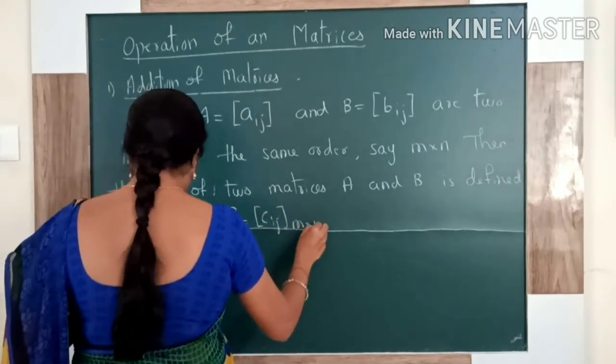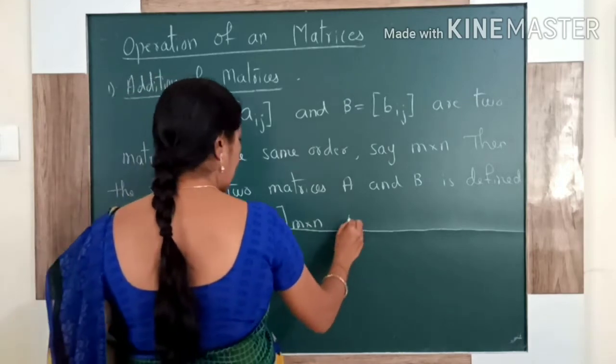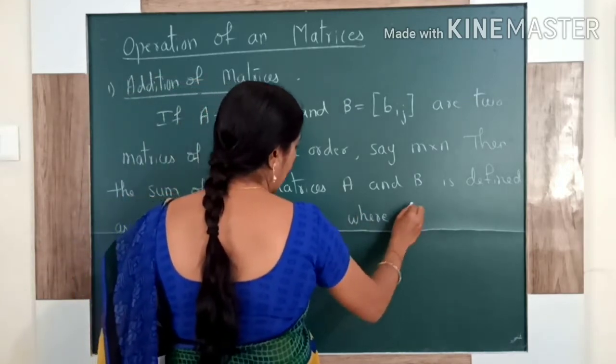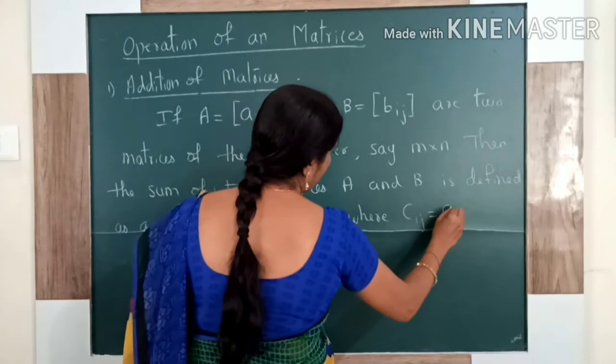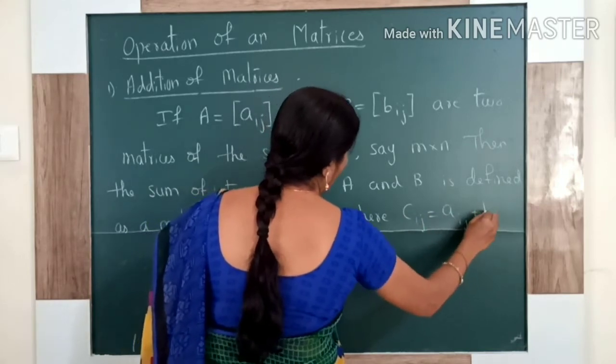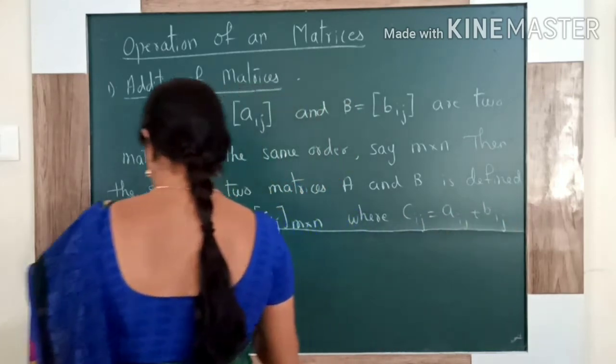You know that it is also a matrix of order m by n, where Cij is nothing but the addition of corresponding elements of matrices A and B.